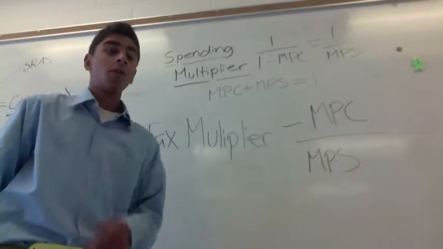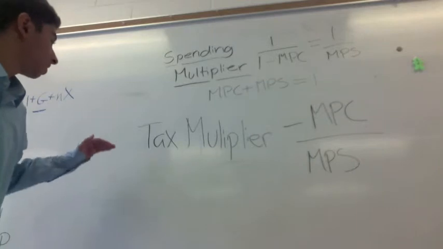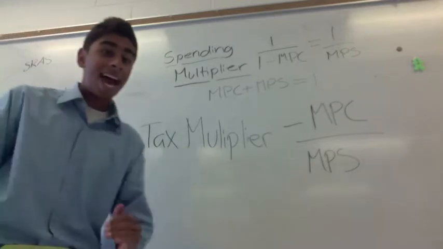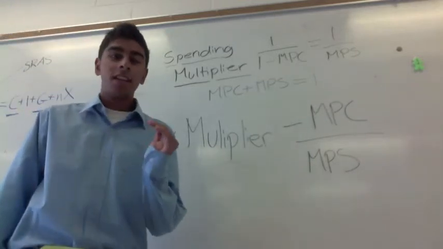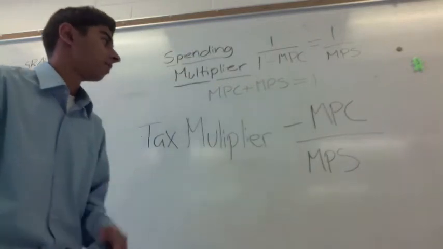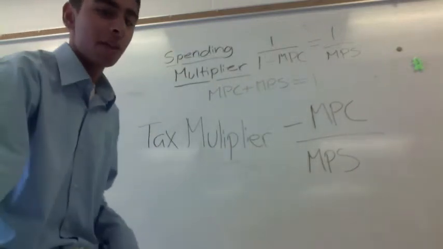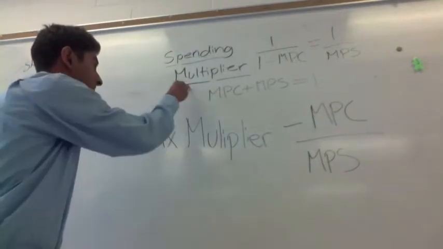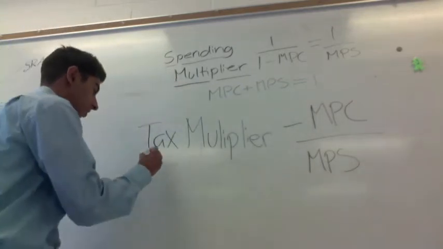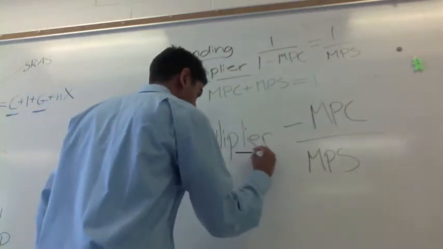Alright, so we have seen how government spending or government taxes affect the aggregate demand curve. Now we're going to see exactly how that happens. That is through the spending multiplier and the tax multiplier.